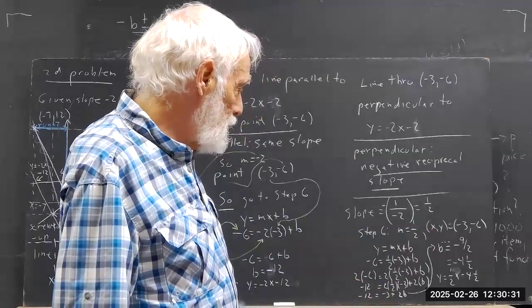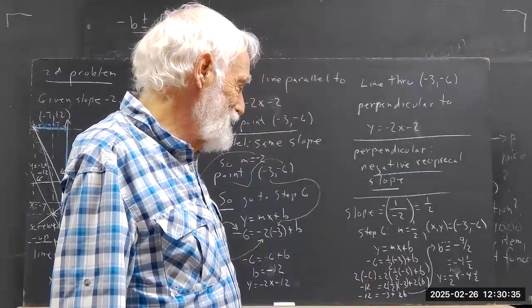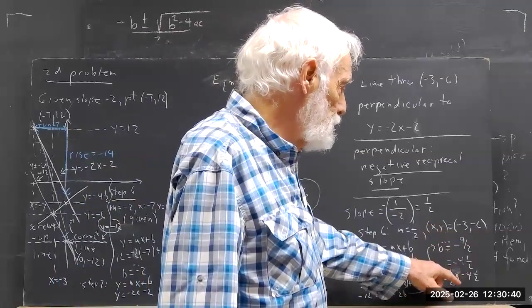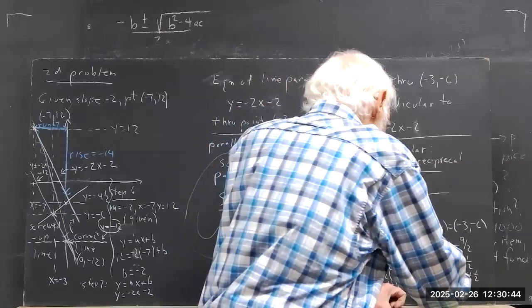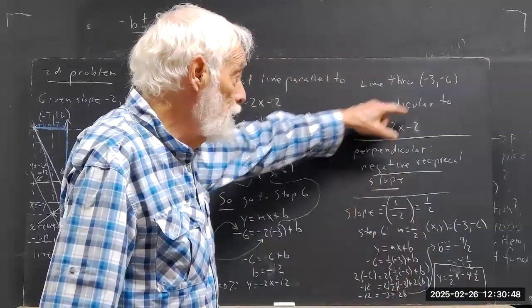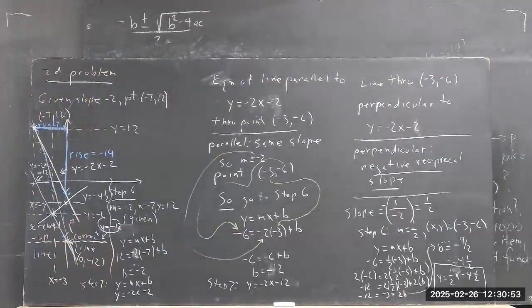Okay. So anyhow, we do this, and we get this equation. We solve for b. We get b equals -9/2, which is -4.5. And now we have the equation of our line perpendicular to this line through this point. Where does that line lie on this cluttered up graph over here?